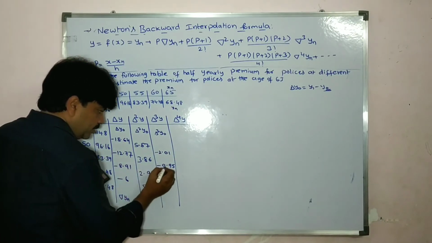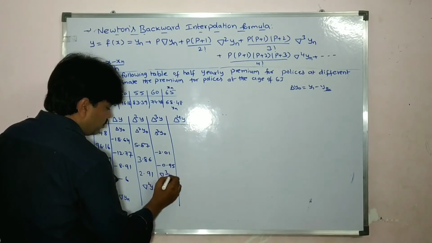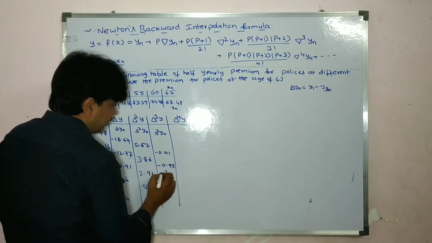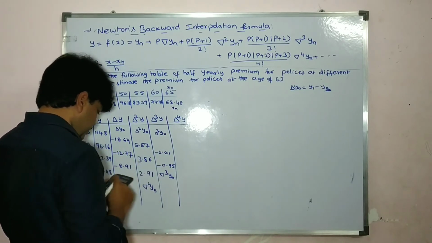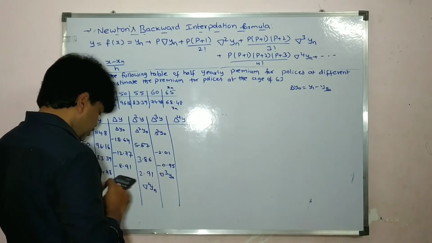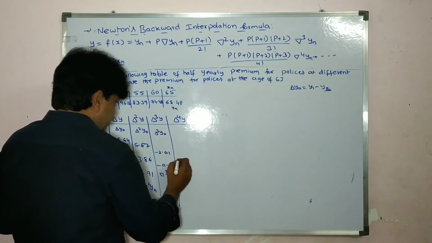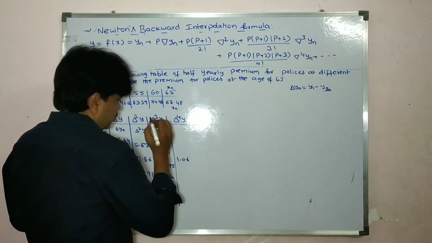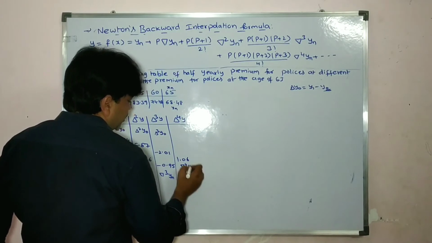This value, minus 0.95, is del cube yn. Now minus 0.95 minus of minus 2.01, minus in minus plus, gives 1.06, students. This value is del power 4 y.